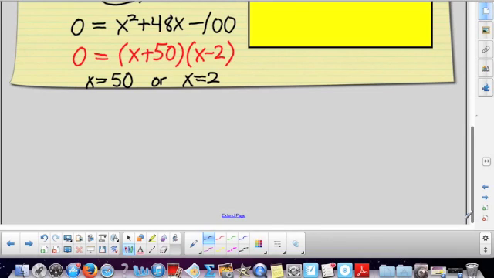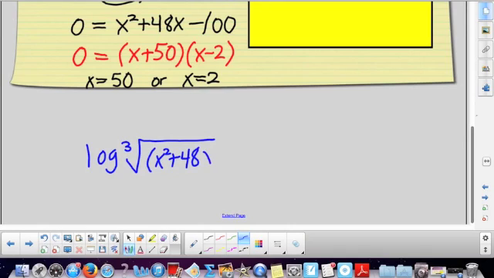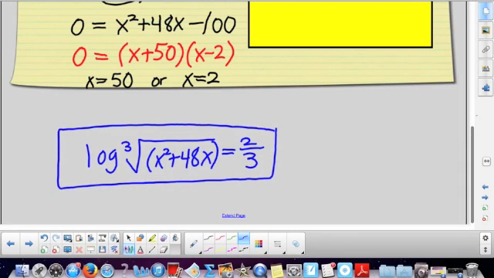And then we can check if it satisfies the equation. If you plug it back in to log of the cubed root of x squared plus 48x is equal to 2/3, you will find that both are solutions to this question.